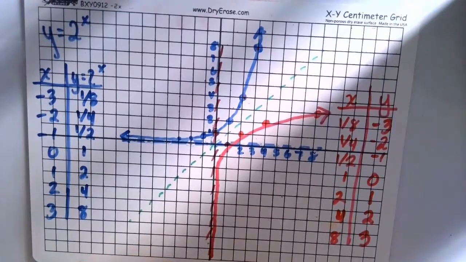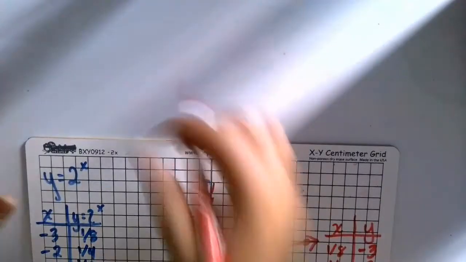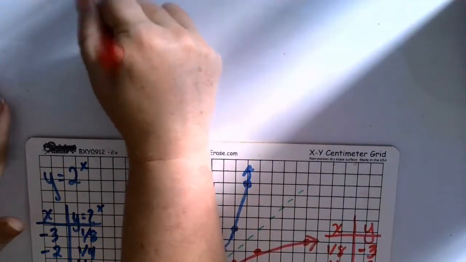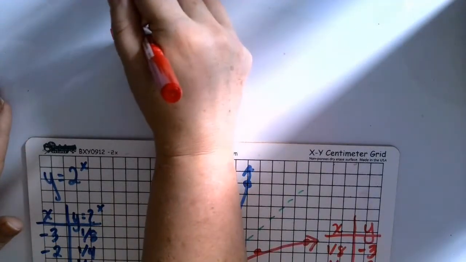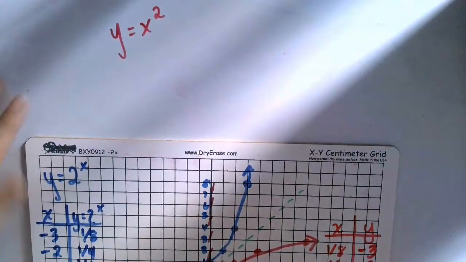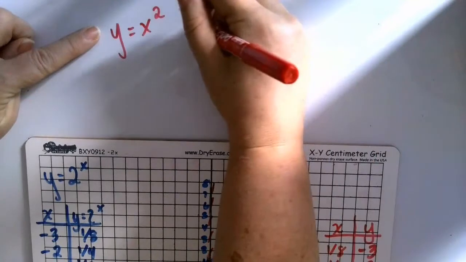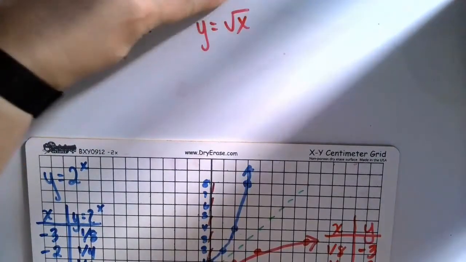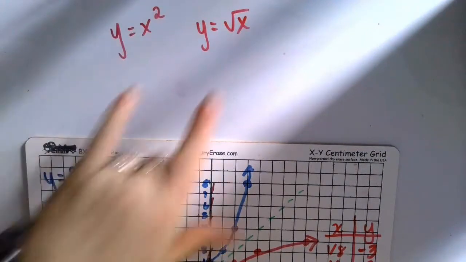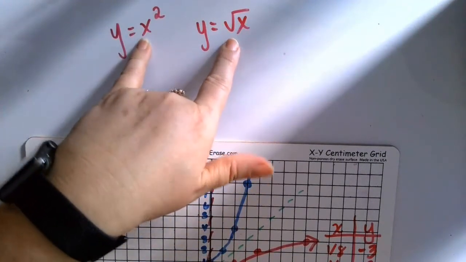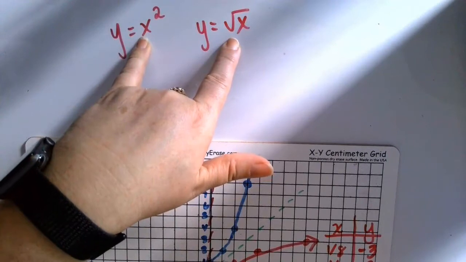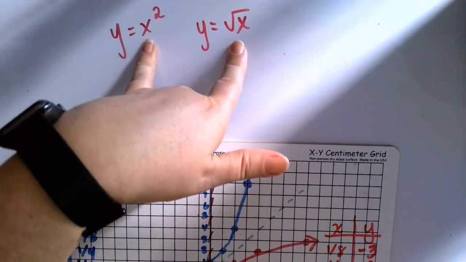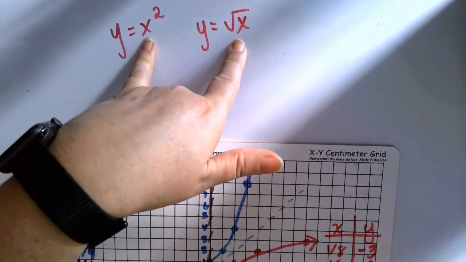And just like, if we review here for a second, inverses that we already know, so for y equals x squared, right, the inverse of a square, we had a special function with a new symbol called a square root. And a square and a square root are inverses, right? They undo each other, and their graphs are a reflection over the line y equals x.